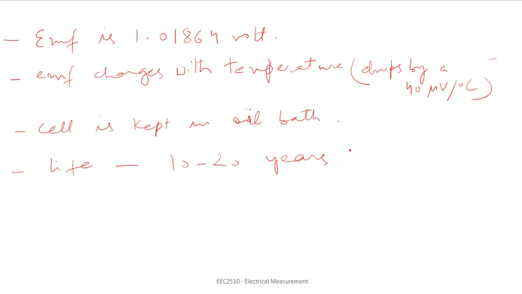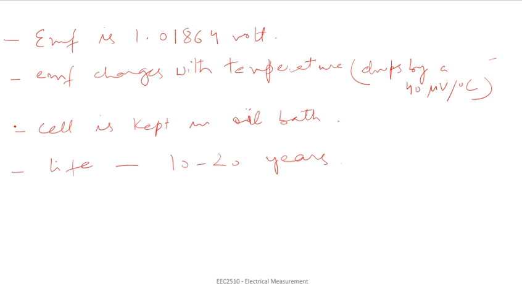One more thing is that saturated cells should always be kept in an upright position, because if they are tilted, there is always the danger of mixing of electrode materials, and therefore these cells cannot be shipped. So these are the things related with this primary standard of EMF, which is the saturated Western cell.